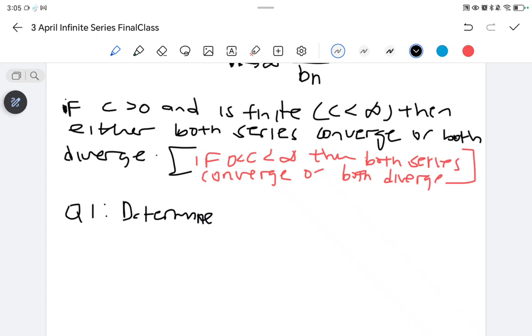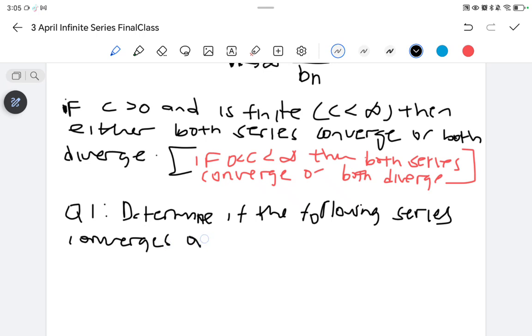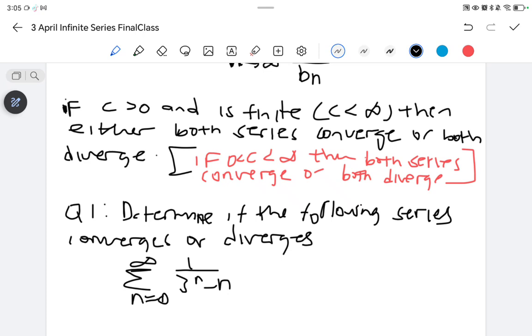Determine if the following series converges or diverges. The series that we have is the summation, the same series that we did not so long ago, 1 over 3 to the n minus n.